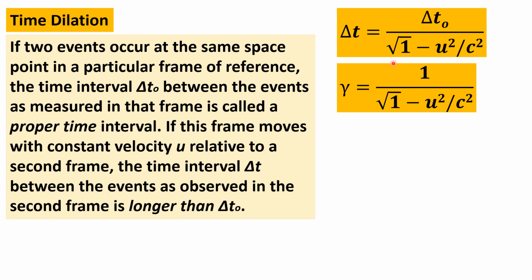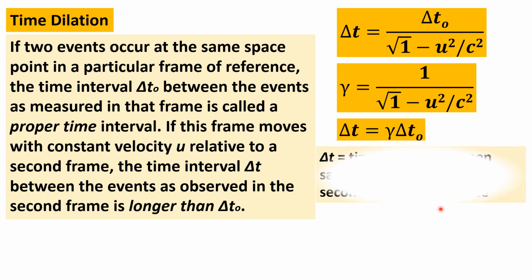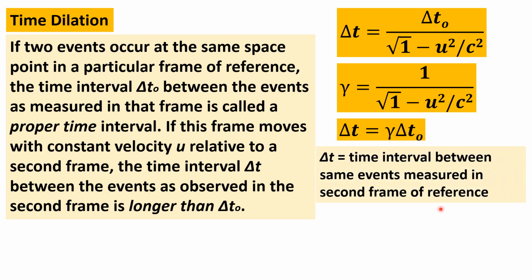So the time dilation formula can also be expressed in terms of the Lorentz factor gamma, or delta t is equal to gamma multiplied by delta t naught. The meaning of each quantity is defined as follows. Delta t is the time interval between the same events measured in the second frame of reference.